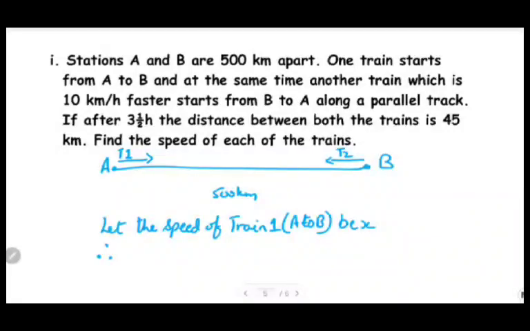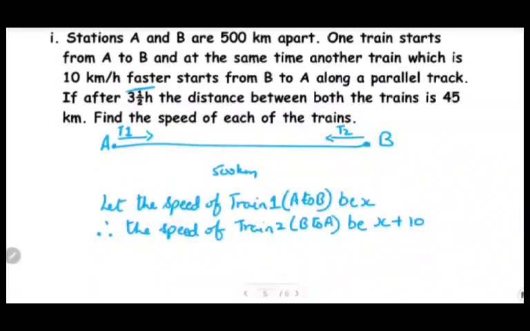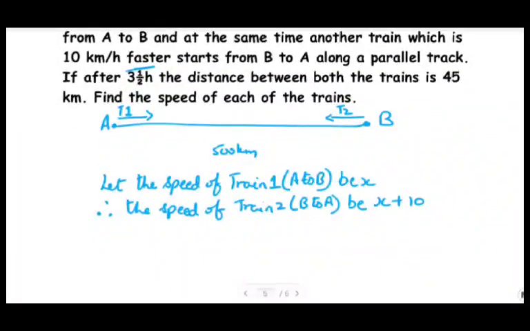Therefore, showing the correlation, let the speed of train 2, which is from B to A, which is 10 kilometers per hour faster, be x plus 10. It is faster. That means as a comparison, x plus 10. Alright?